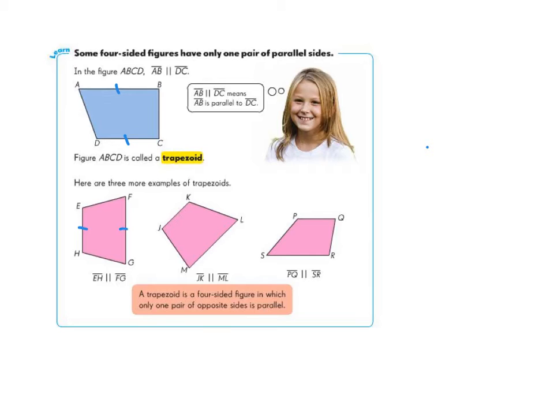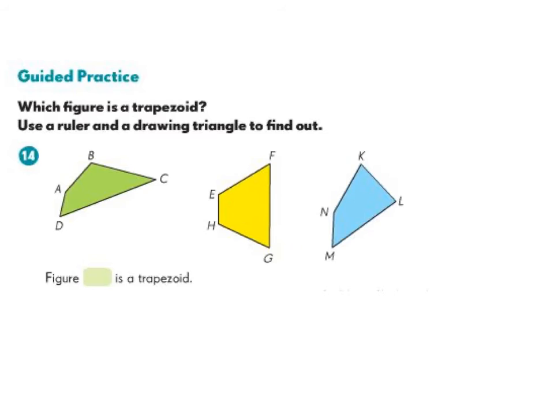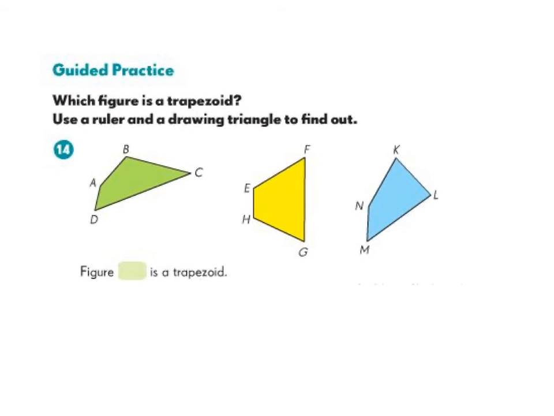This side is parallel to this side, and this side is parallel to this. As you can see here by the definition, a trapezoid is a four-sided figure which only has one pair of opposite sides parallel. Now that makes a difference in how we figure out some angle measurements, which we will see on the next page.